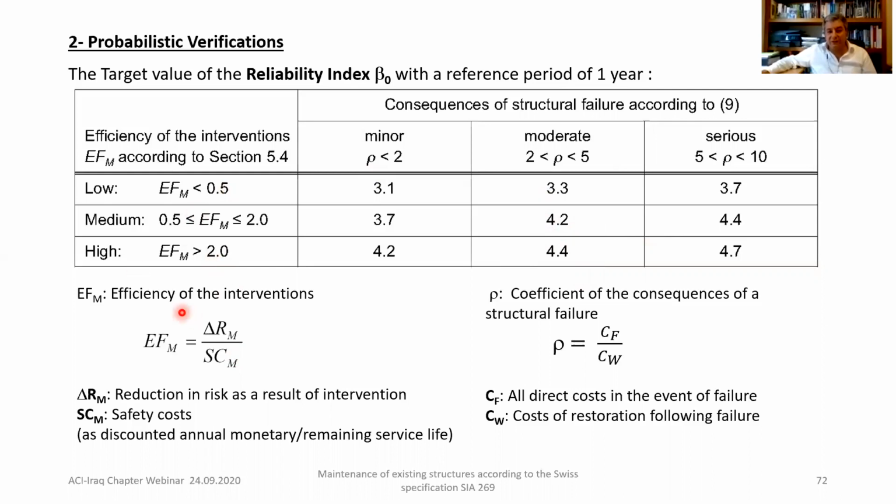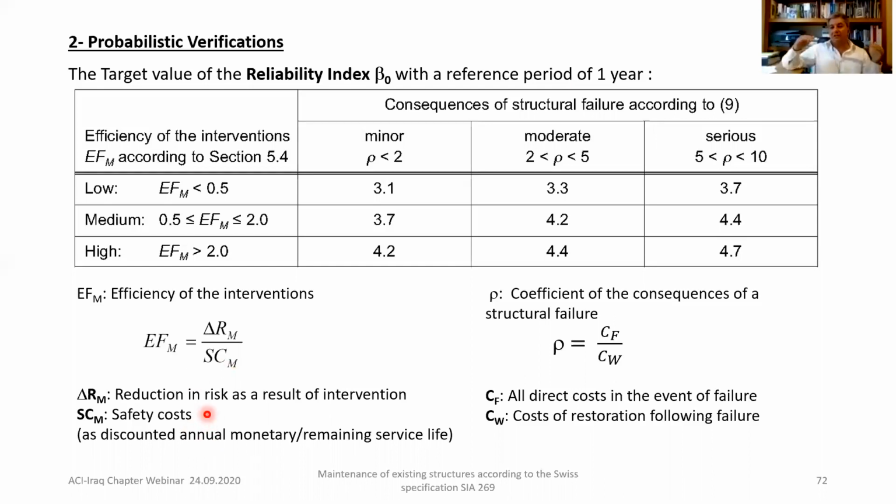So you need to calculate the efficiency of intervention. The efficiency of intervention is the proportion between the reduction of the risk that you get because of your intervention for the structure, and the safety cost.